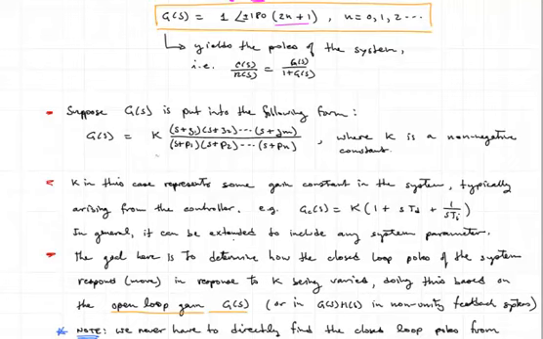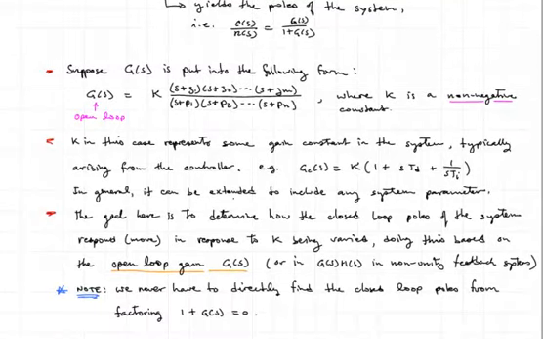So we've seen this form for a transfer function before, but remember, this is the open loop, not closed loop. This is the open loop transfer function. Let's say that it's in this form, k times a factored form of zeros over a factored form of poles. And let's be clear that k is going to be a non-negative constant.